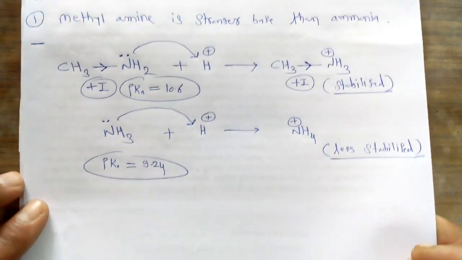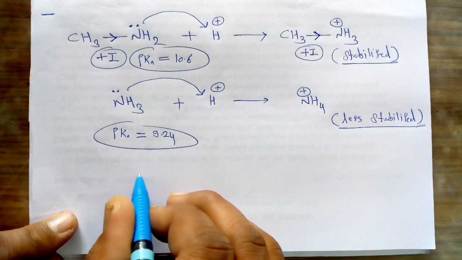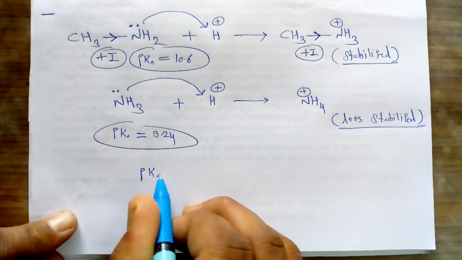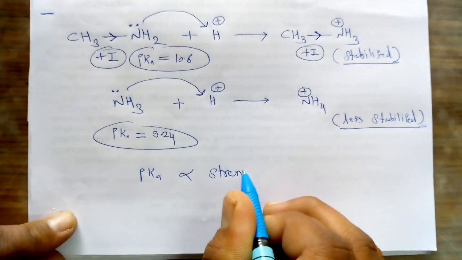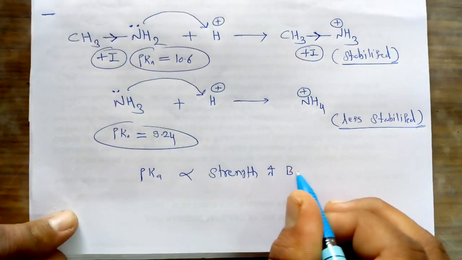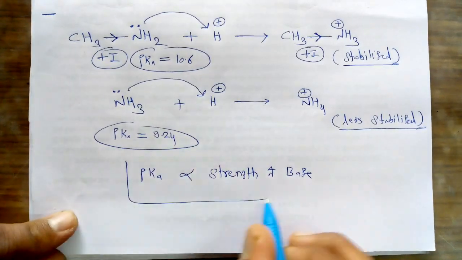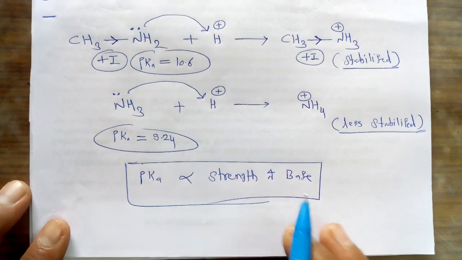We can say that the pKa value is directly proportional to the strength of bases. The magnitude of pKa is directly proportional to the strength of bases.